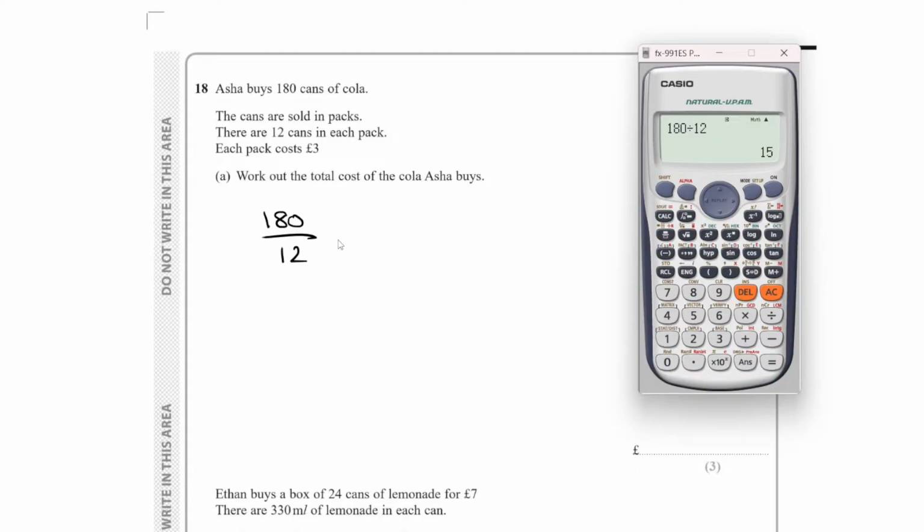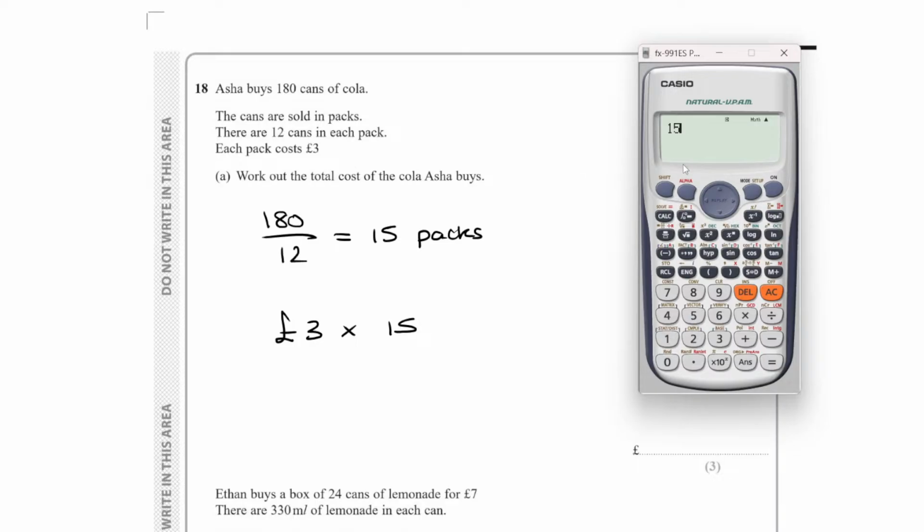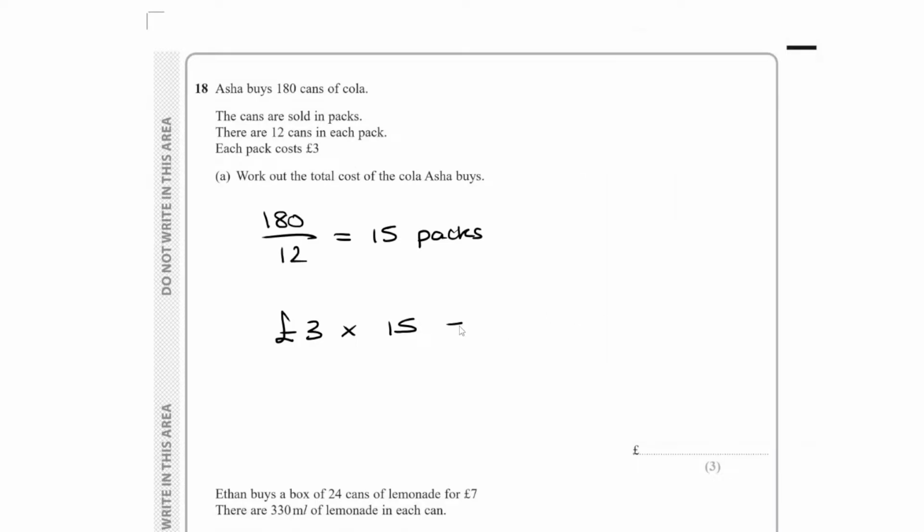Okay, so that tells me that Asha bought 15 packs of cola. Now, if each pack costs £3, then I just need to times that by 15, don't I? Because it's 15 lots of £3. So 15 times 3, it doesn't matter which order you times it in, you'll get the same answer. 45. So Asha paid £45 for that many cans of cola.